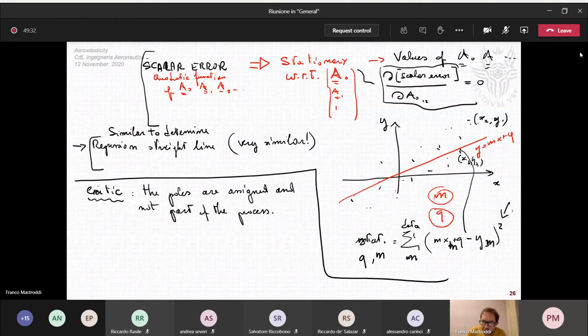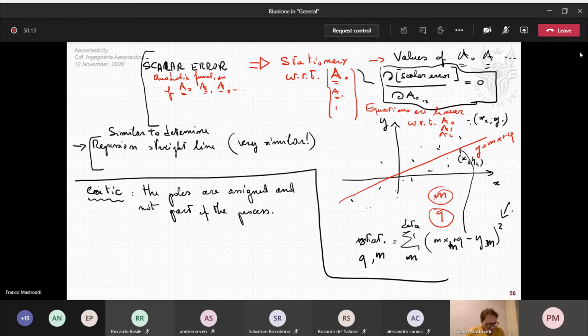These are the equations you have to solve for finding your stationary point. But since the scalar error expression is quadratic in A, when you take the partial derivative, you have a linear equation in A0, A1, and so on. So the equations are linear with respect to all the unknowns, A0, A1, A2, and so on.